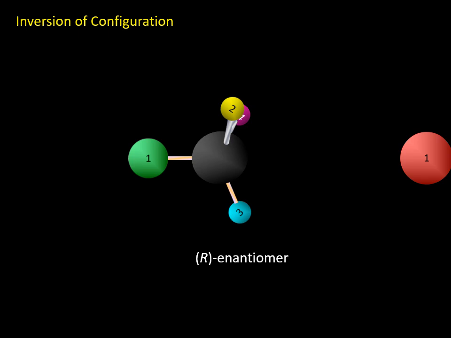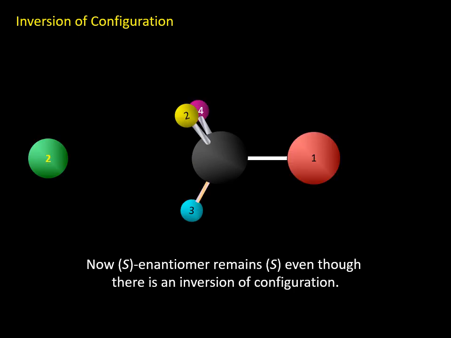R, of course, conversely would be converted into S. But don't assume that that's always the case, that in every case R is converted into S, and S into R. That the designation is always the opposite. That's the case only if the priorities remain the same.